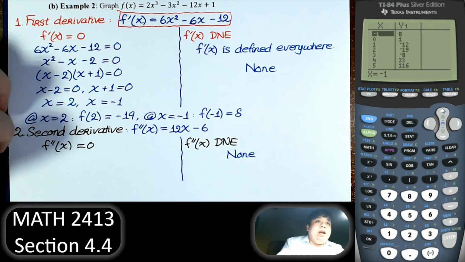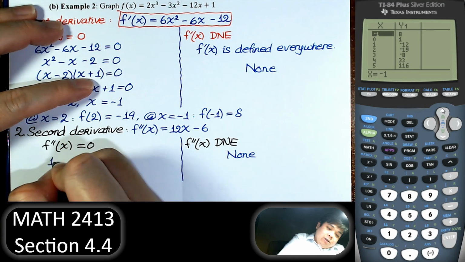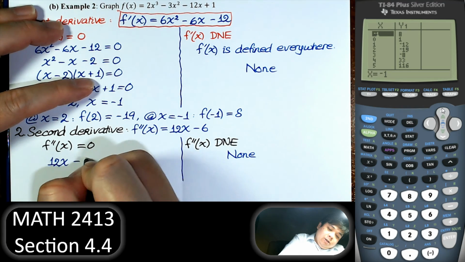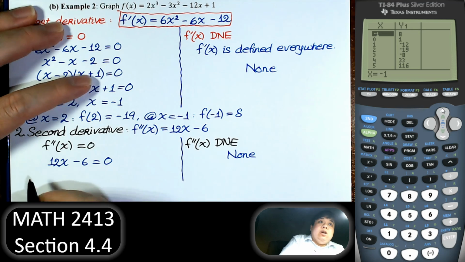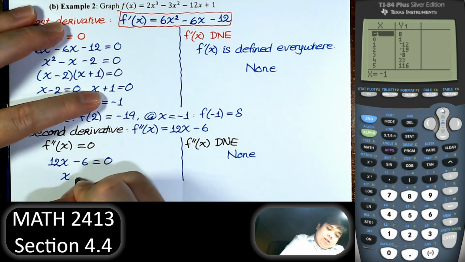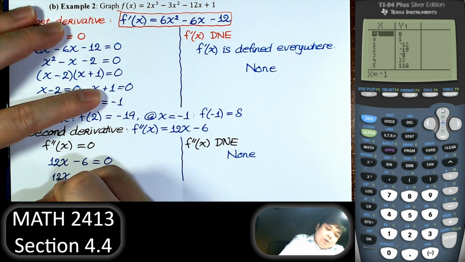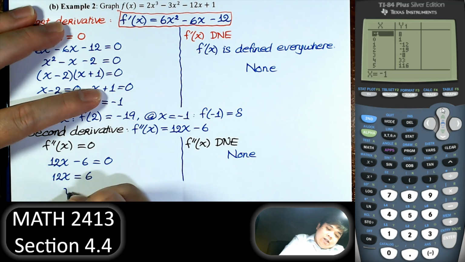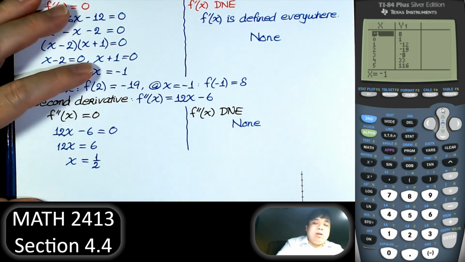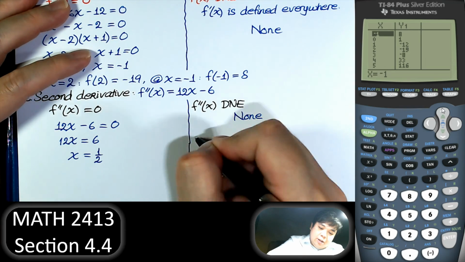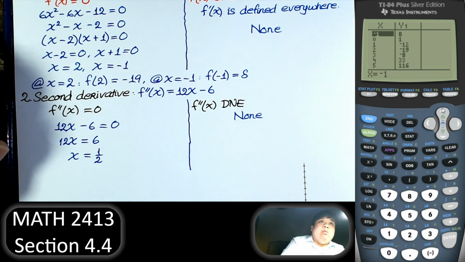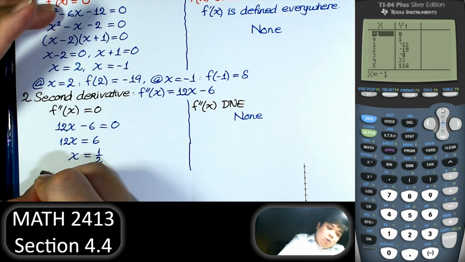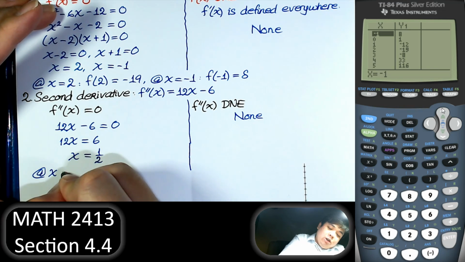Right, now we take the second derivative equal to 0. So in this case we have 12x equal to 6, or x equal to 1/2. Now let's find the value of the function at x equal to 1/2. Notice that I put it in the original function.